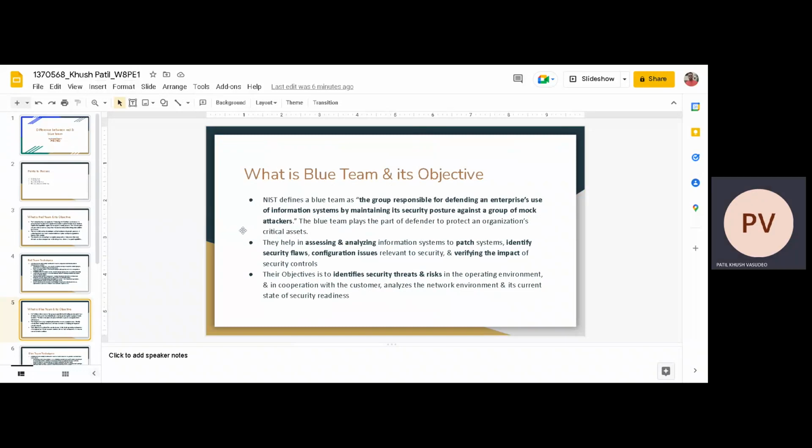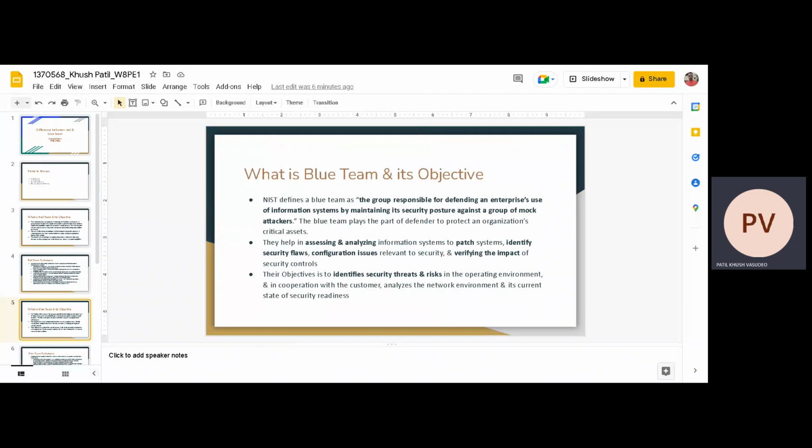So, what is blue teaming? Blue teaming is the group that is responsible for defending the enterprise's information systems by maintaining their security posture against a group of mock attackers, that is, the red team.